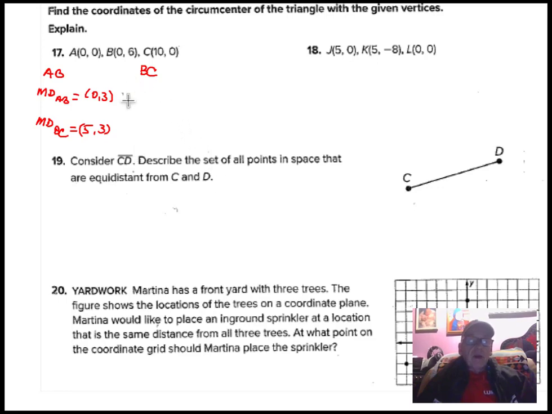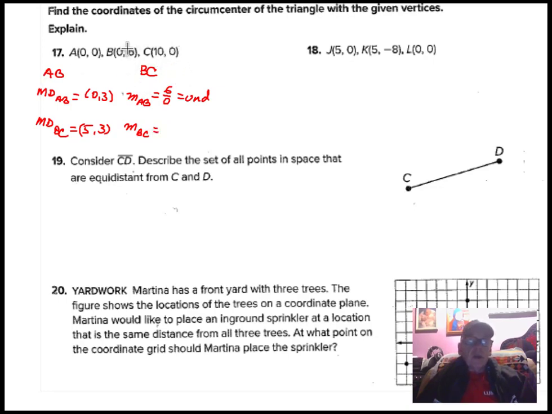Okay, now we also need to find the slope of AB. So the slope of AB is change in y over change in x. We do 6 minus 0 over 0 minus 0. We get 6 over 0, which is undefined. That means we have a vertical line. And the slope of BC, we do change in y over change in x.